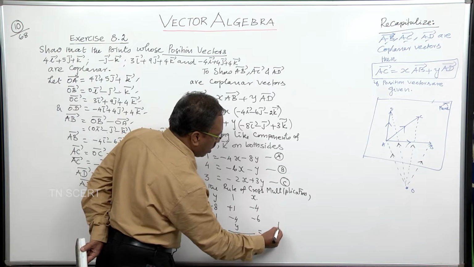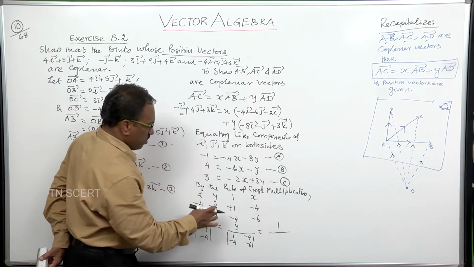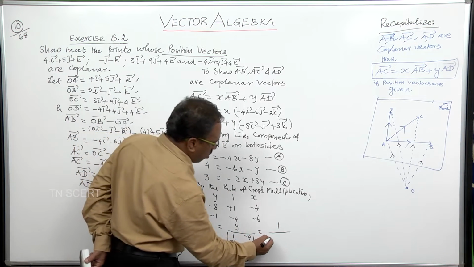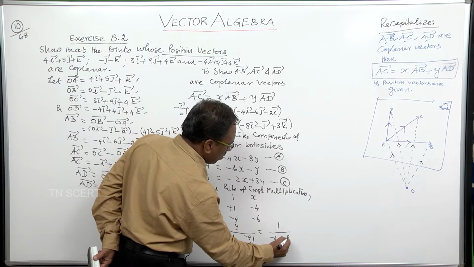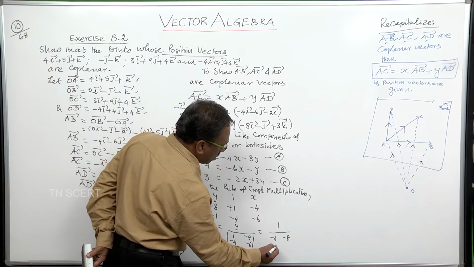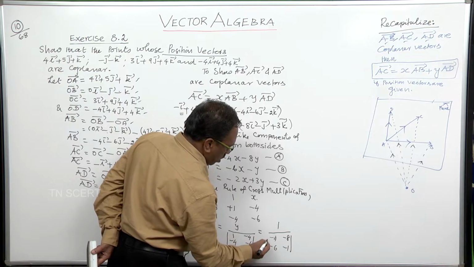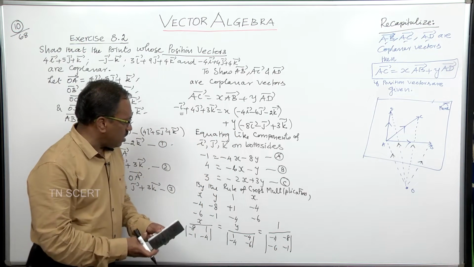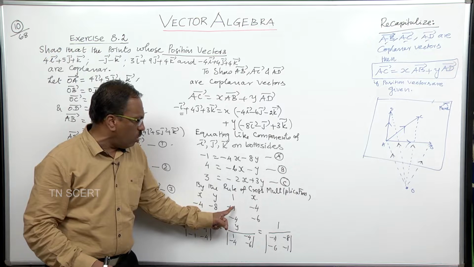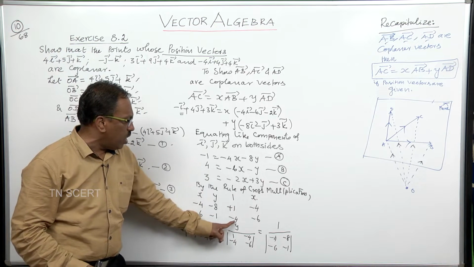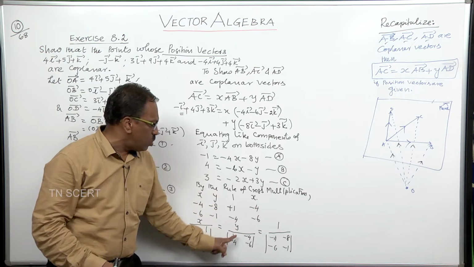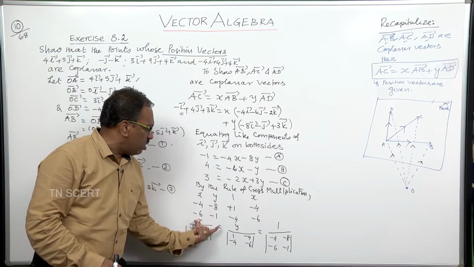Then for 1, first two columns negative 4, negative 8, then negative 6, negative 1. So I repeat, x is equal to negative 8 plus 1, negative 1, negative 4, y the next two columns, and for 1 the first two columns.